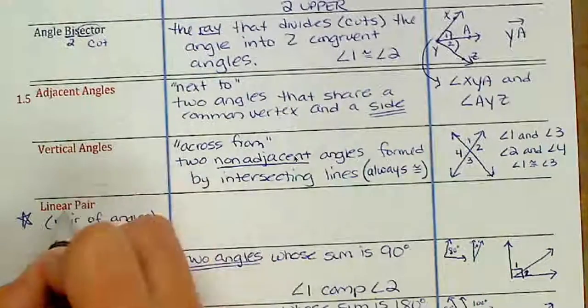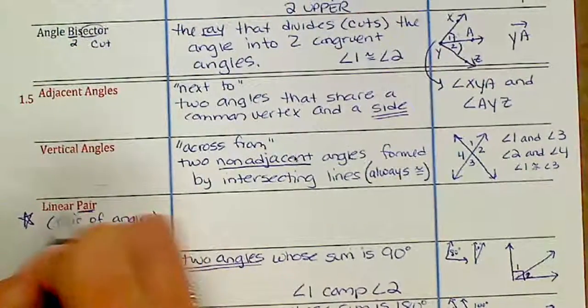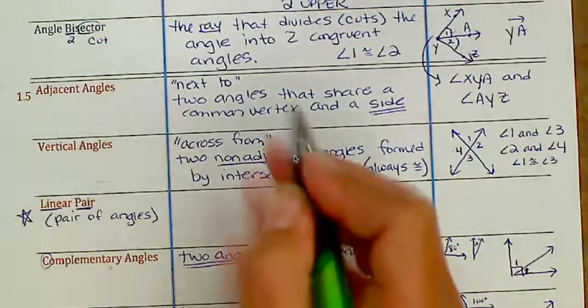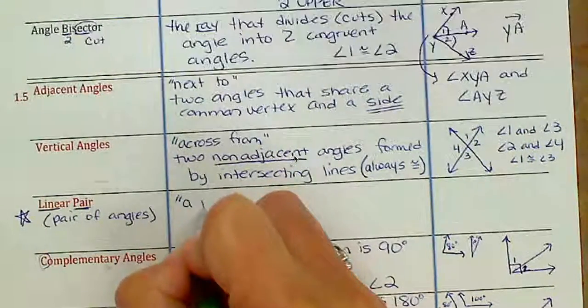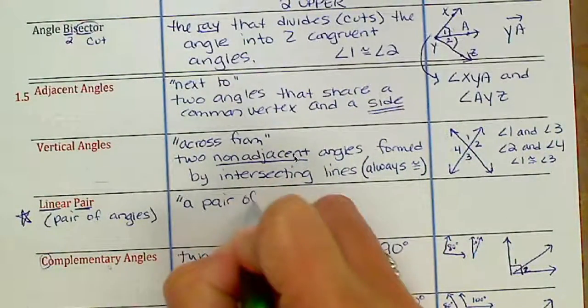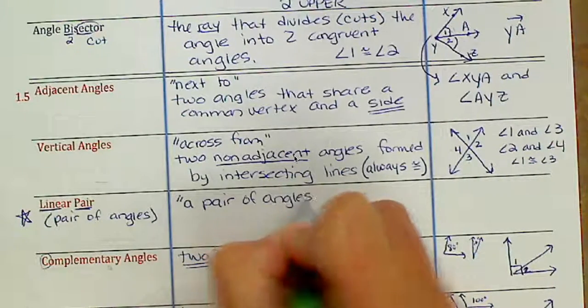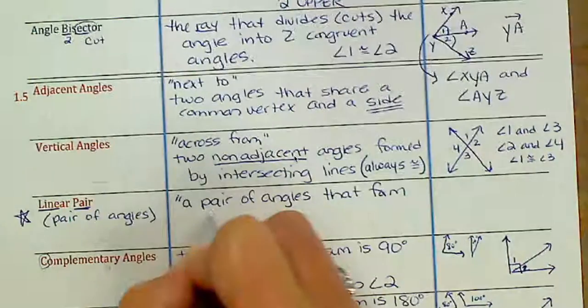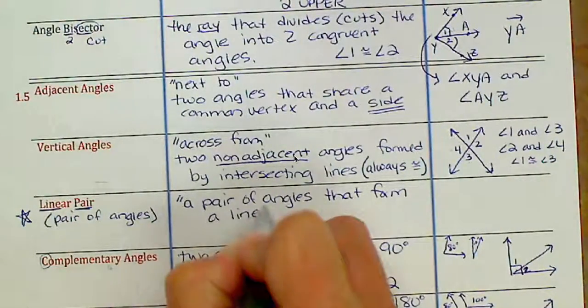When you see pair, and in the word linear you see line, it's really just a pair of angles that form a line.